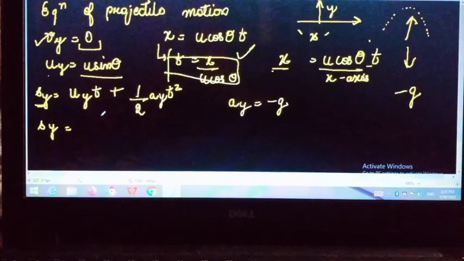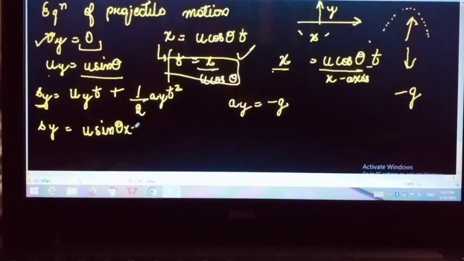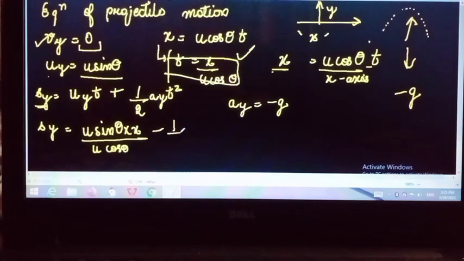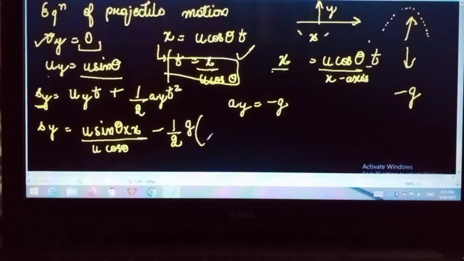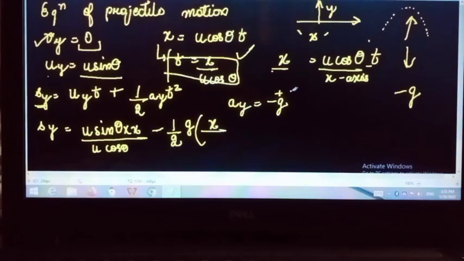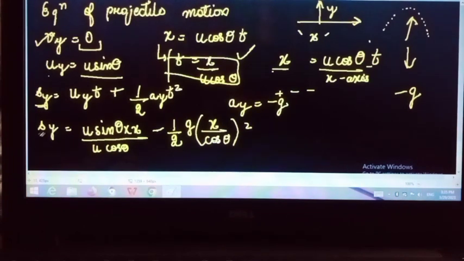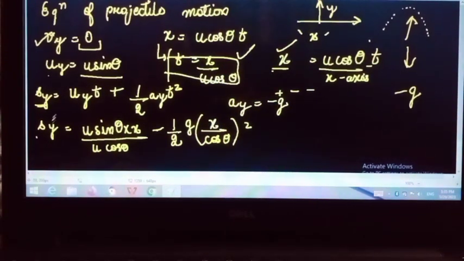Sy is equal to u sin theta into x upon u cos theta minus half g into x upon u cos theta whole square. The minus is shifted towards this, so plus minus becomes minus. Now, as we have written the distance traveled on the x-axis as x, similarly we can write the distance traveled on the y-axis as y.